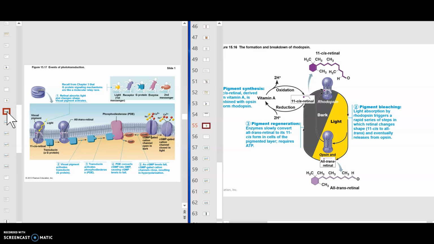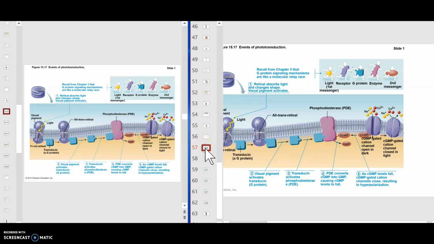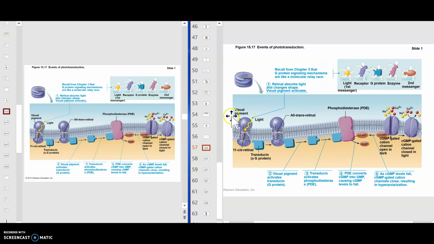Okay. So what actually happens then is this. Let's look at the activities that are going to occur in this particular aspect. All right. So light comes in. Now the key to this are these channels here.